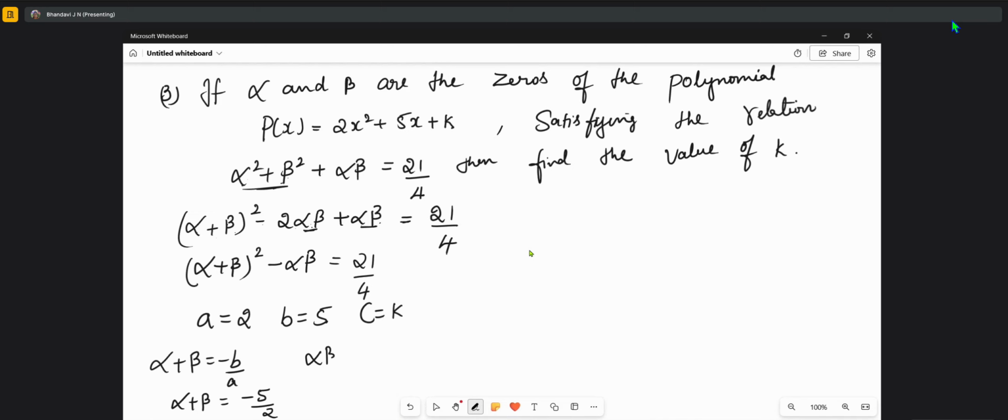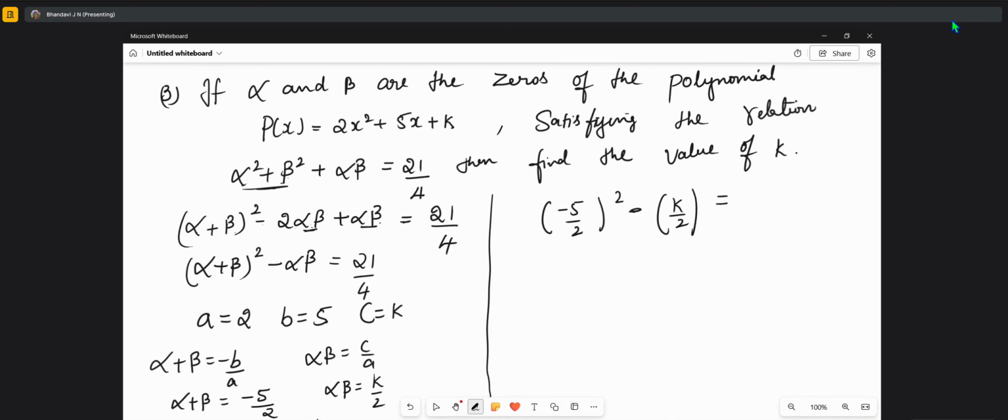And alpha into beta is what? c by a. So alpha into beta is equal to k by 2. So this is k by 2 and alpha plus beta is minus 5 by 2. Now substitute these values in this equation. Alpha plus beta is minus 5 by 2 whole square minus alpha into beta is k by 2. Now this is equal to 21 by 4.